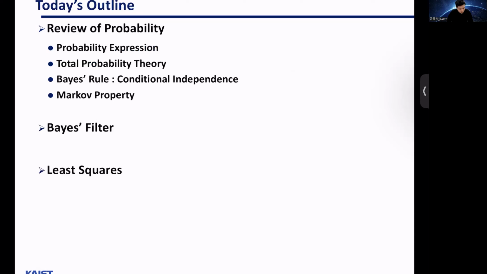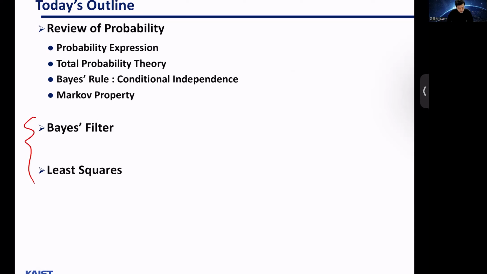But before we get into these filters, we need to go through some of the more fundamental principles, the basic theories behind those filters. To understand those filters, we need to go through the Bayes filter and least squares methods.